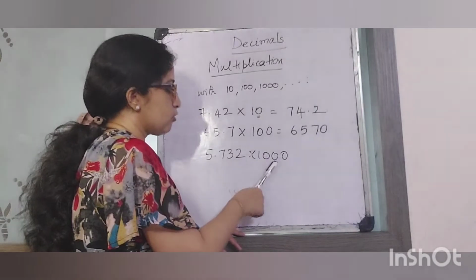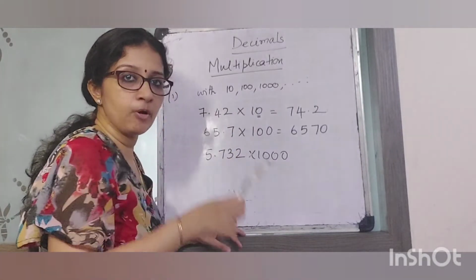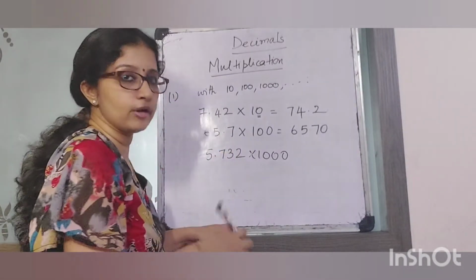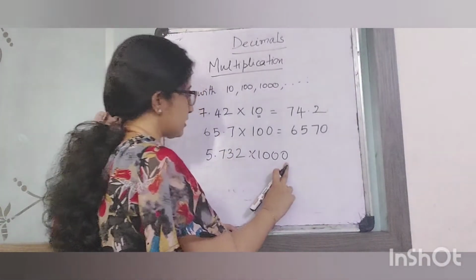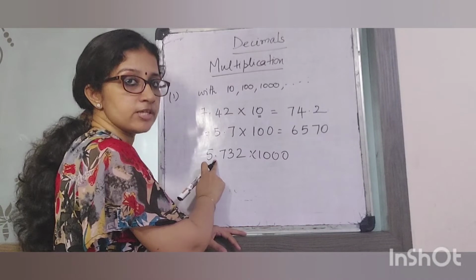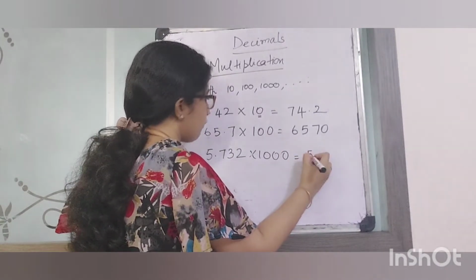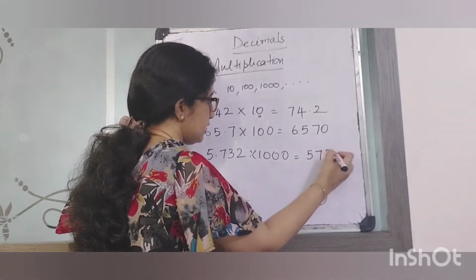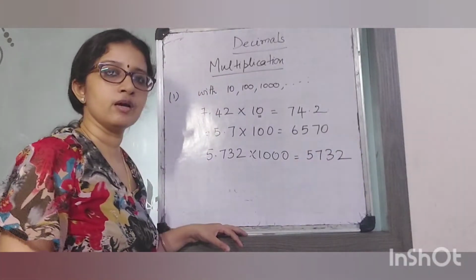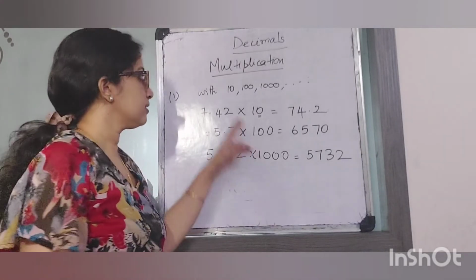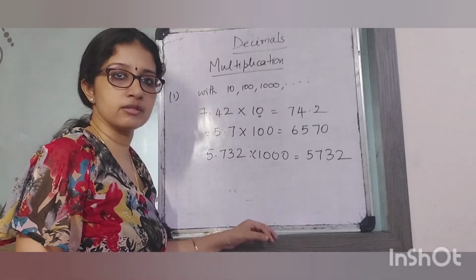So the number of zeros we have here, that many places this decimal will get shifted to the right. Okay. So since we have 3 zeros here, this decimal point will be shifted by 3 places to the right. So the answer will be 5732. Okay, clear? So this is how we have to multiply with 10, 100 and 1000.